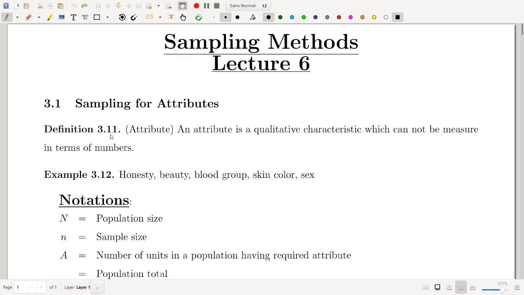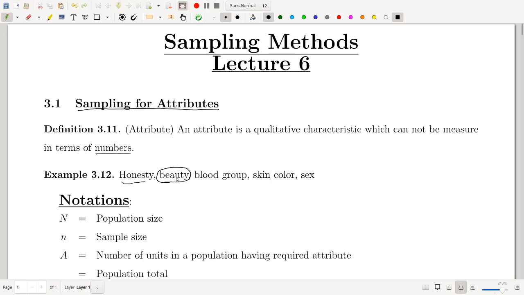In this lecture, we are going to see the next topic, which is sampling for attributes. An attribute is a qualitative characteristic which cannot be measured in terms of numbers. For example, honesty or beauty.